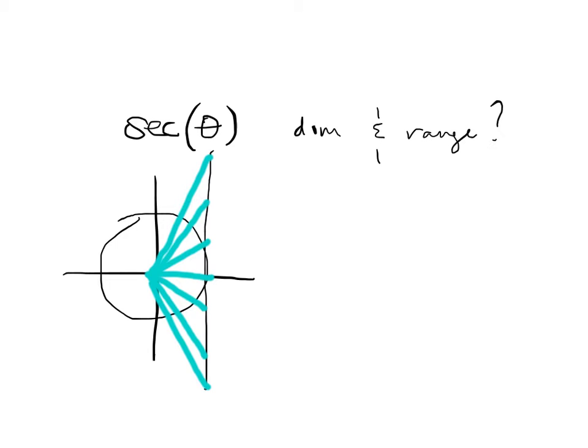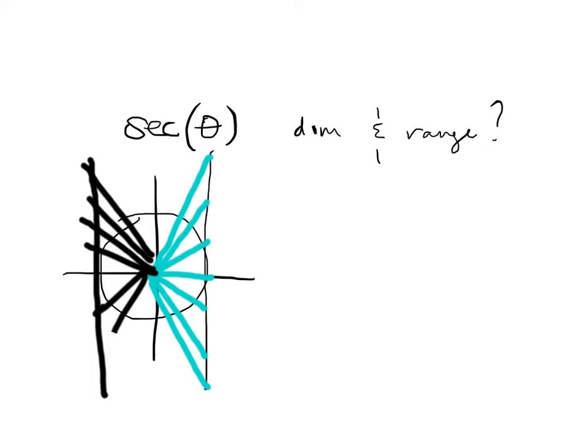No, that's not true. Secant is 1 over cosine. So all of these are to be interpreted positively. And then if I go over here and I draw this tangent line, all these are to be interpreted negatively. So maybe my little analogy is breaking down. But put it all together and we see that the invalid values for secant are here and here.